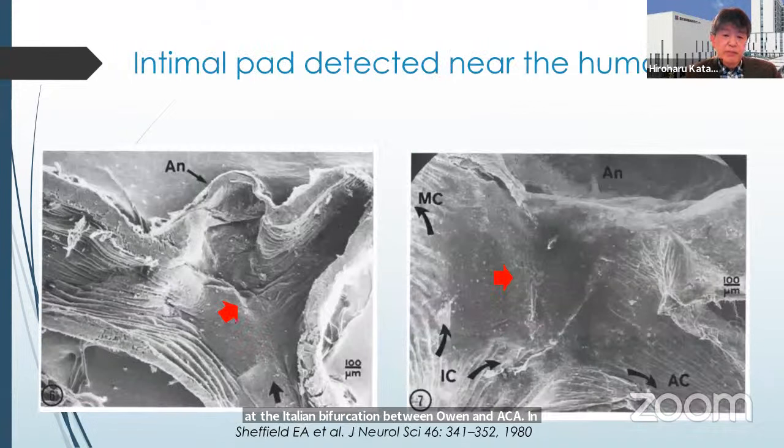In fact, an intimal pad also exists in human intracranial aneurysm. This is a post-mortem pathological specimen of an intracranial aneurysm in human, and you can see the small bulging near the aneurysm neck.